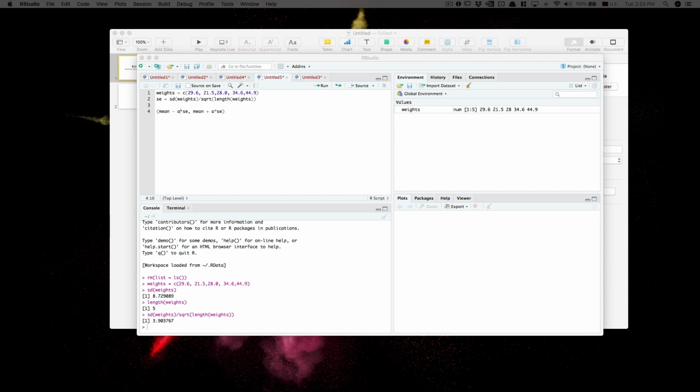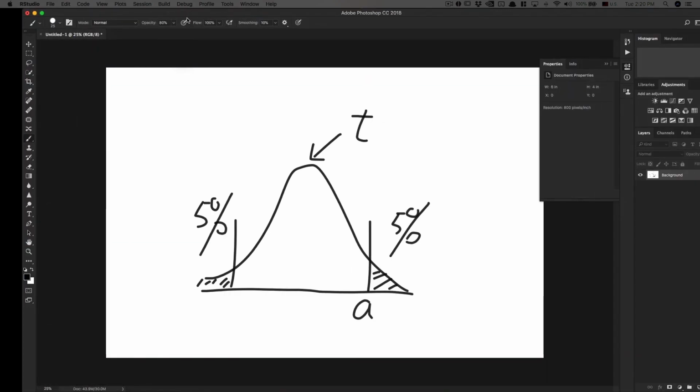Well, this is actually pretty simple as long as you can understand this graphic. We are dealing with a 90% confidence interval, so we want to find cutting points A and B. A and B cut this distribution into three parts: 5% here and 5% here, which leaves 90% in the middle.